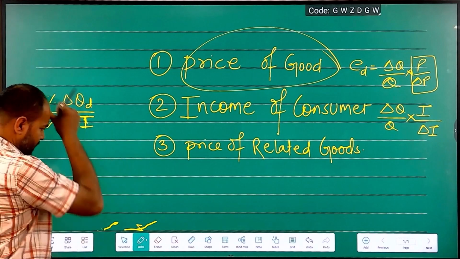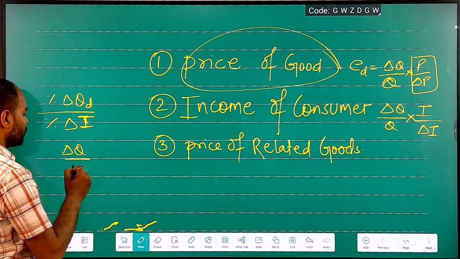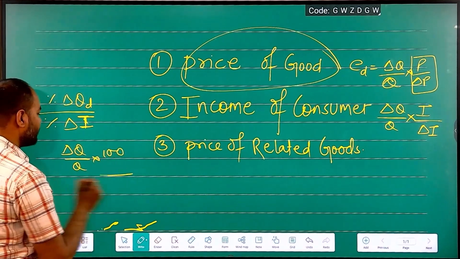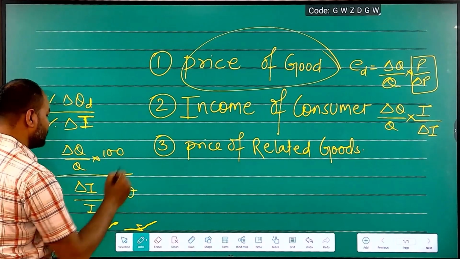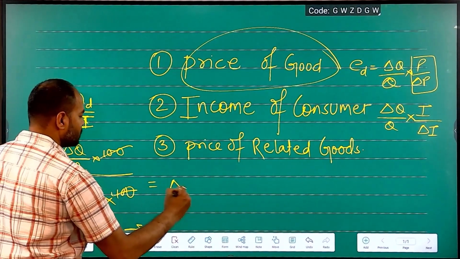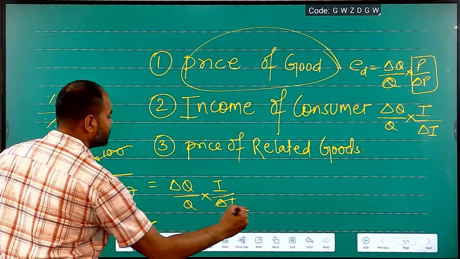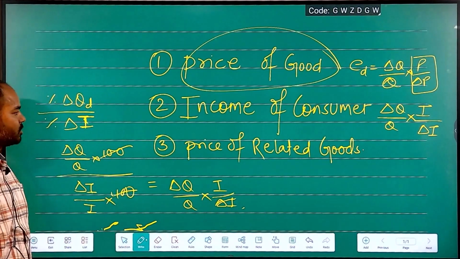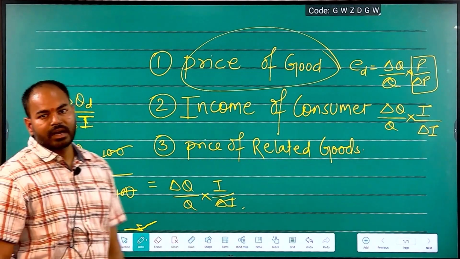So, change in Q upon Q multiplied by 100 divided by change in I upon I multiplied by 100. If you cancel 100 by 100, this is the remaining value. I have written it directly here.